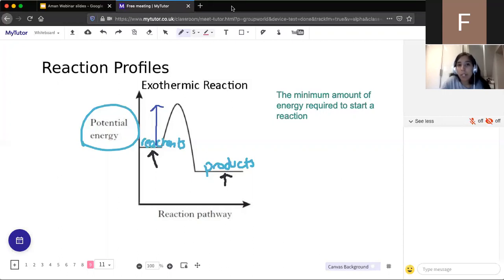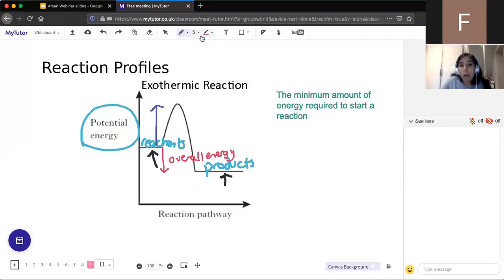So the overall energy change, we've labeled the reactants, we've labeled the products, and we've labeled the activation energy. Excellent. So someone said from the reactants line to the products line. Yep, brilliant. And the key thing is it will always have a direction. So in exothermic reactions, it's downwards. And that's because the energy decreases. So this is the overall energy.